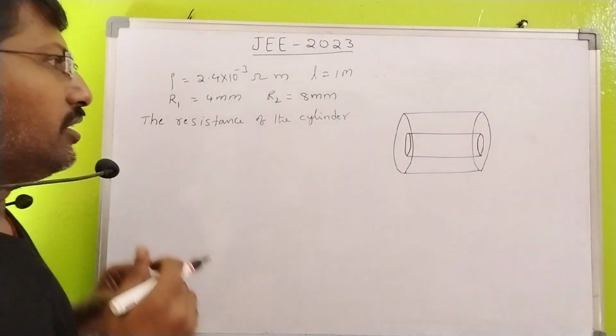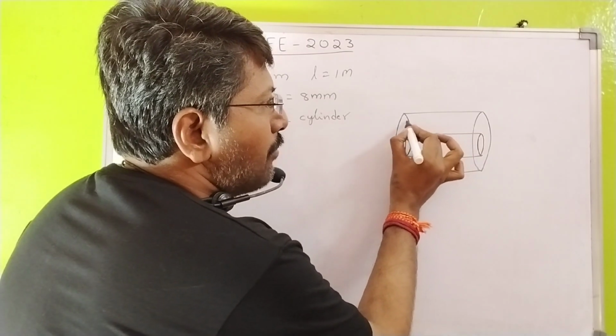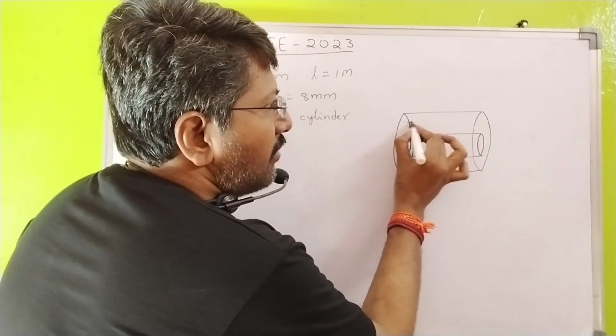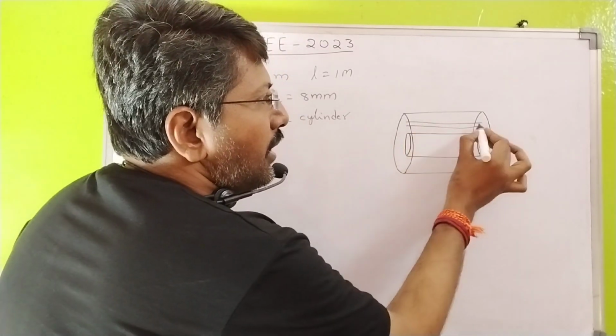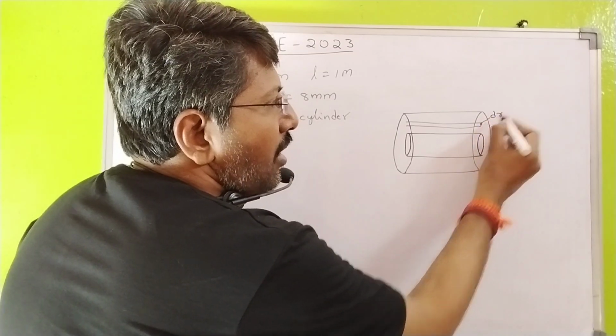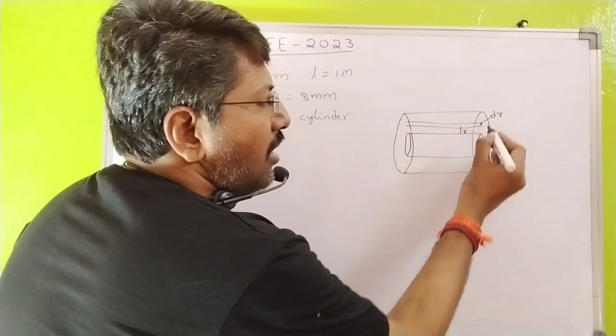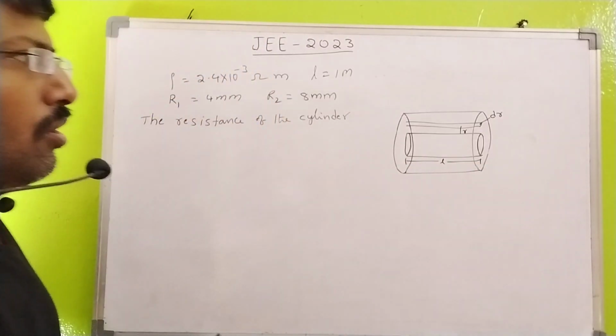See here. So in this situation, I will simply draw one imaginary cylinder like here in this position. So here this small cylinder has thickness dr at a distance radius r. The length is L like this. Okay.